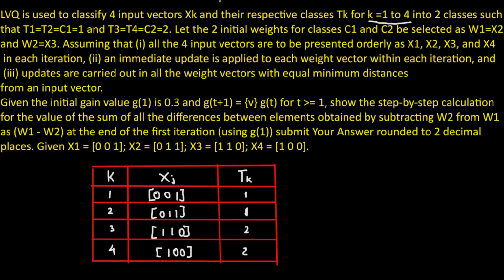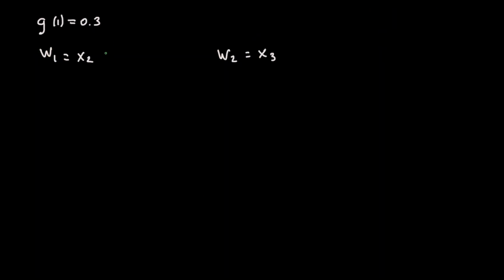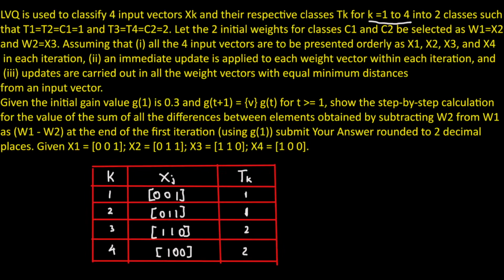If I look at the x2 value, which is given to us, it is 011, so we put 0 1 1 here, and then w2 is equal to x3. If I look at the x3 value, it is 1 1 0.